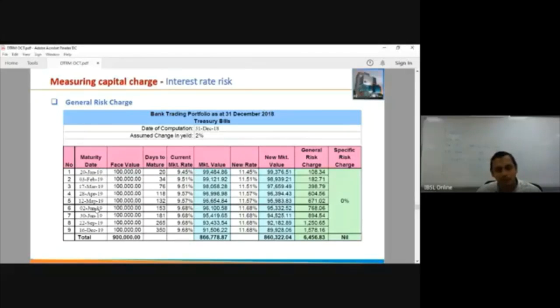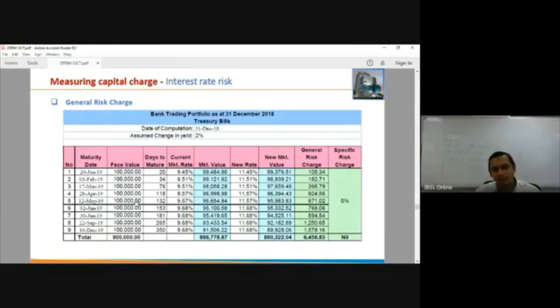Similarly, you have different maturity dates for different instruments, and therefore you can compute the remaining days to maturity. For example, you are computing on 31st December 2018 and your instrument matures on 20th January. Therefore, you have a remaining maturity of 20 days.